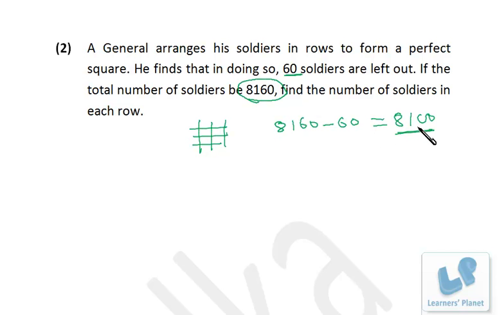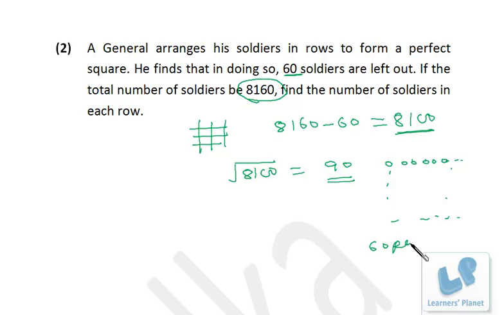Now 8100 is a perfect square number. Let us first find the square root of 8100. That's 90. So if you arrange 90 persons in each row, and till 90 rows if you are arranging, after that you will be left with just 60 persons.